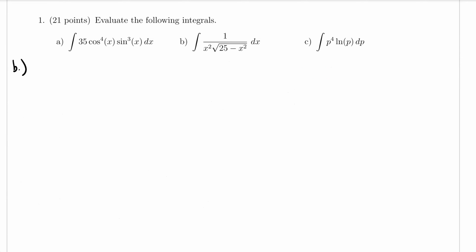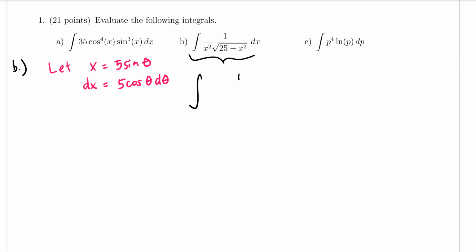All right, let's move on to question B. And for this question, we need to use trig substitution. So I'm going to go ahead and let x equal 5 sine theta. And that's going to imply that dx will equal 5 cosine theta d theta. So let's go ahead and rewrite our integral now.